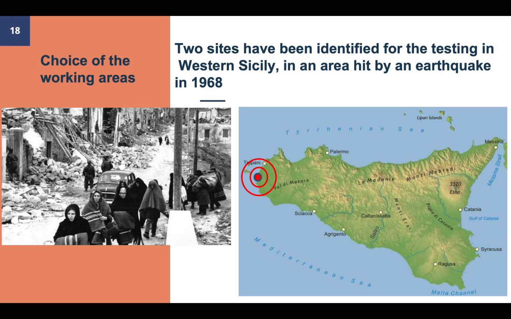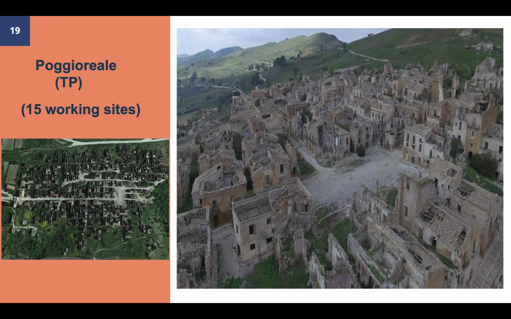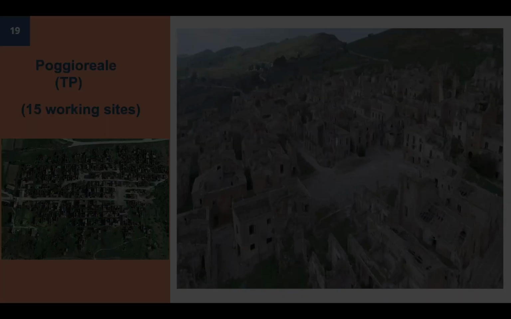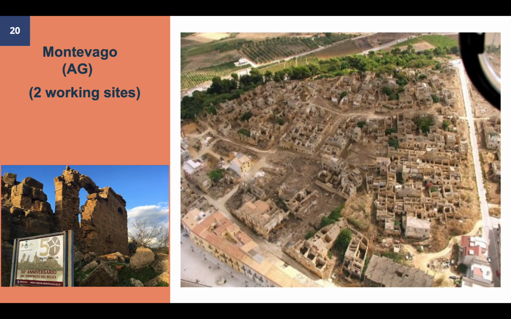The area chosen for the exercise was the Belice Valley in Sicily, hit by an earthquake in 1968. Poggioreale and Montevago are villages abandoned after the earthquake.